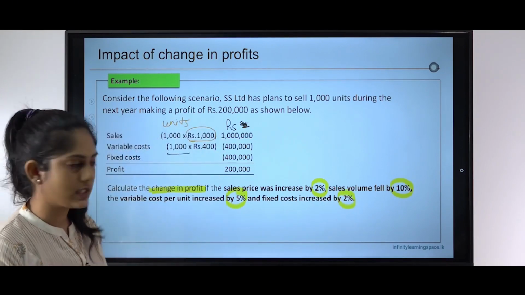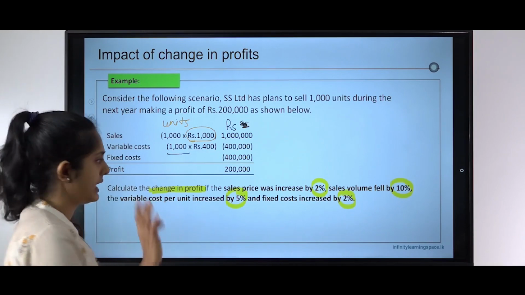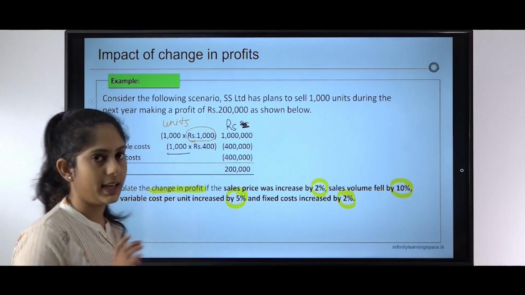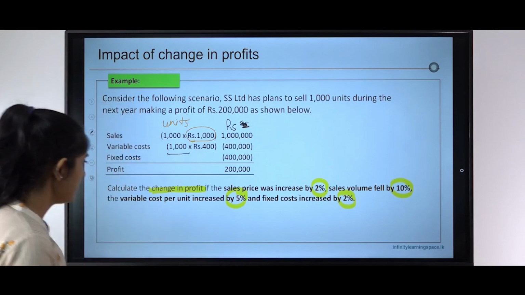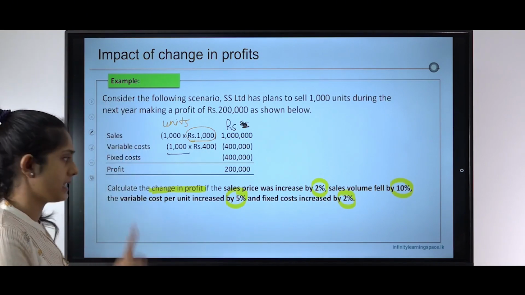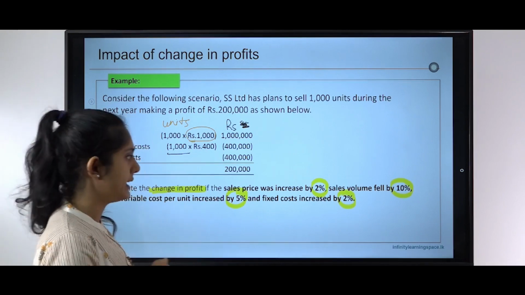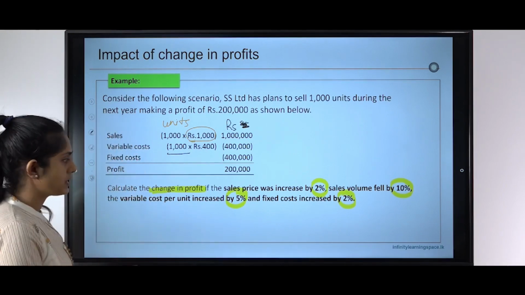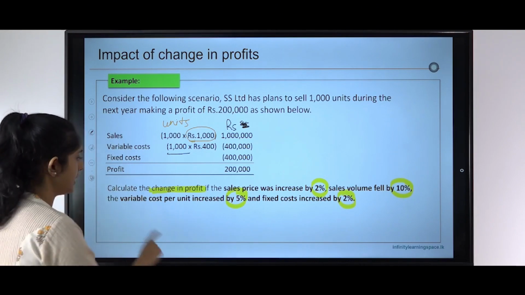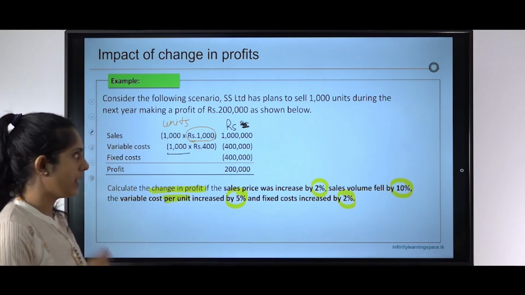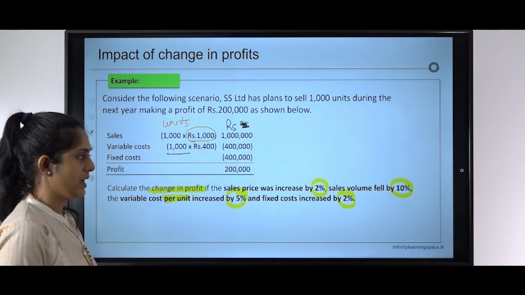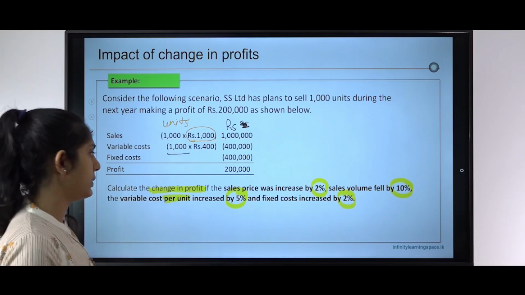Now not one adjustment, you have multiple adjustments. Here we have 4 variables, they have changed. So sales price increases by 2%. Sales volume falls by 10%. Variable cost per unit, right? Per unit, don't forget that. Per unit increases by 5%. Fixed costs all increase by 2%.